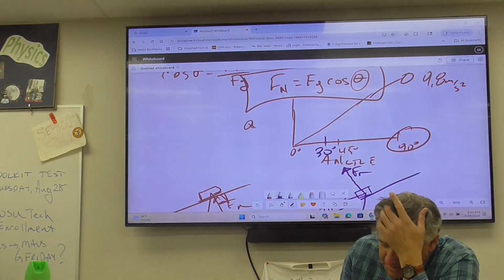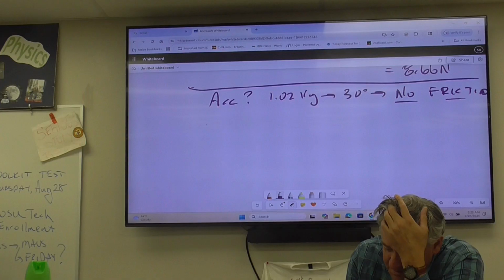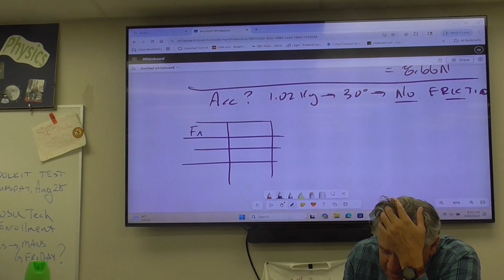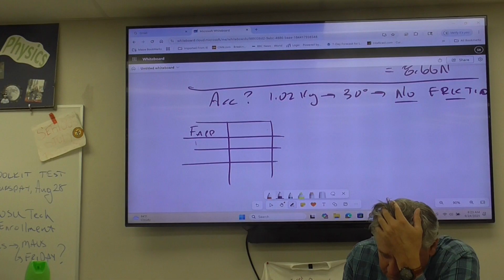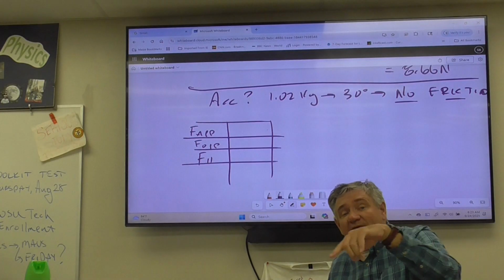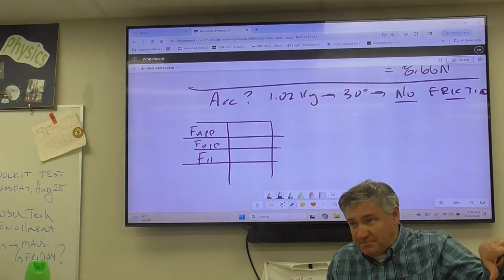Okay. Now, what I would highly recommend is that you do the chart thing. Now, the chart's going to be a little bit more complicated now. Because now we can have force applied, we can have force opposing, but now we can have force parallel, which we didn't have to worry about before. Before it was just force applied and force opposing.